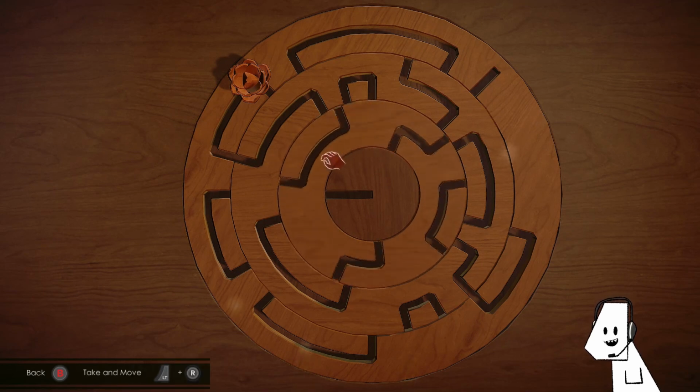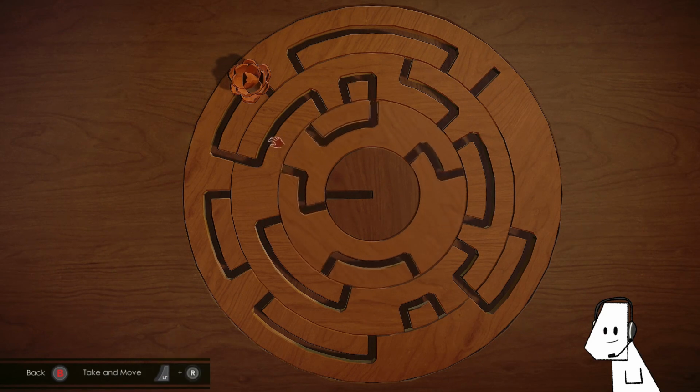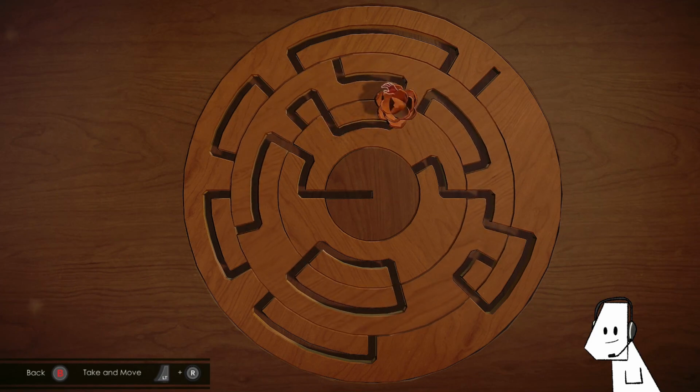Oh man, this is complicated. Can we not move the middle bit? What if I go like this? Up.